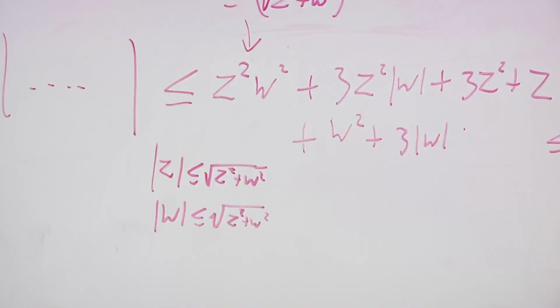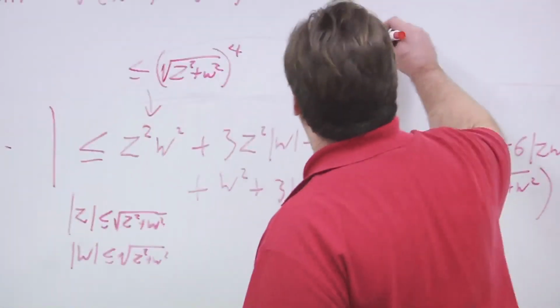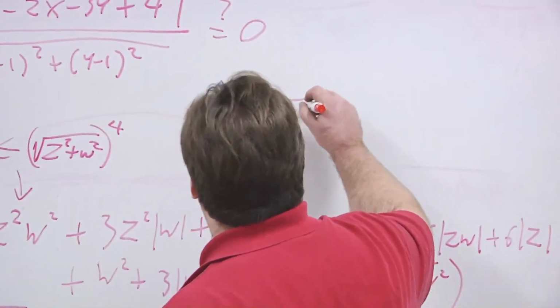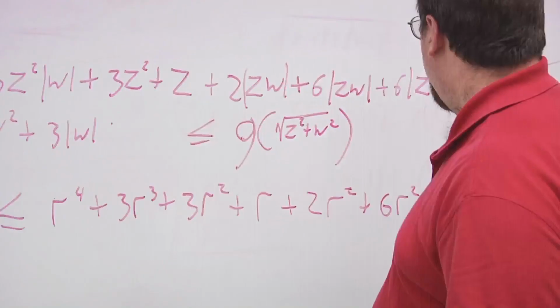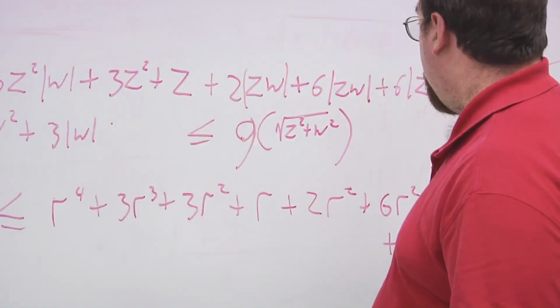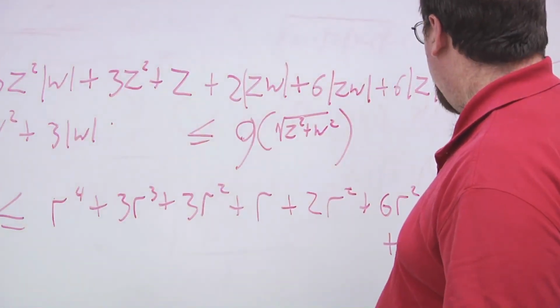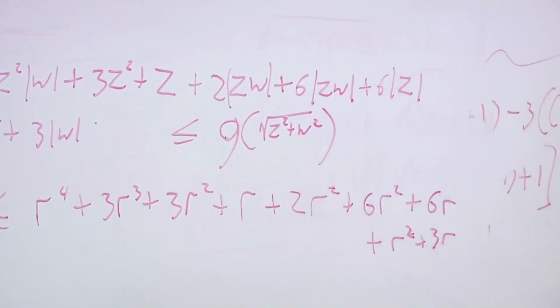So then if we do all that, I'm going to make an abbreviation here. Let r be equal to square root of z squared plus w squared. So what we get is 6r plus r squared plus 3r. There's a lot of terms we can combine here.